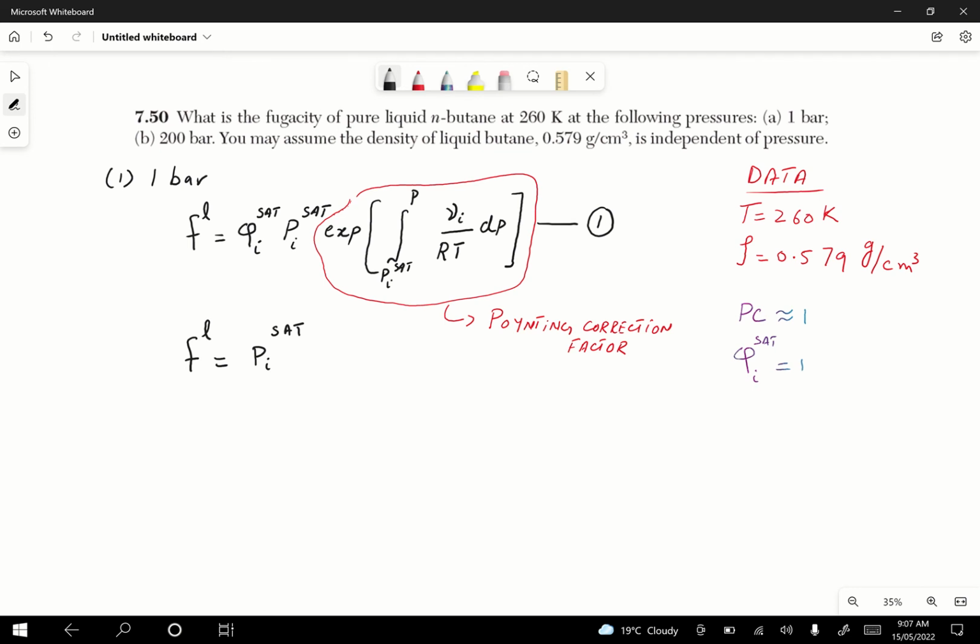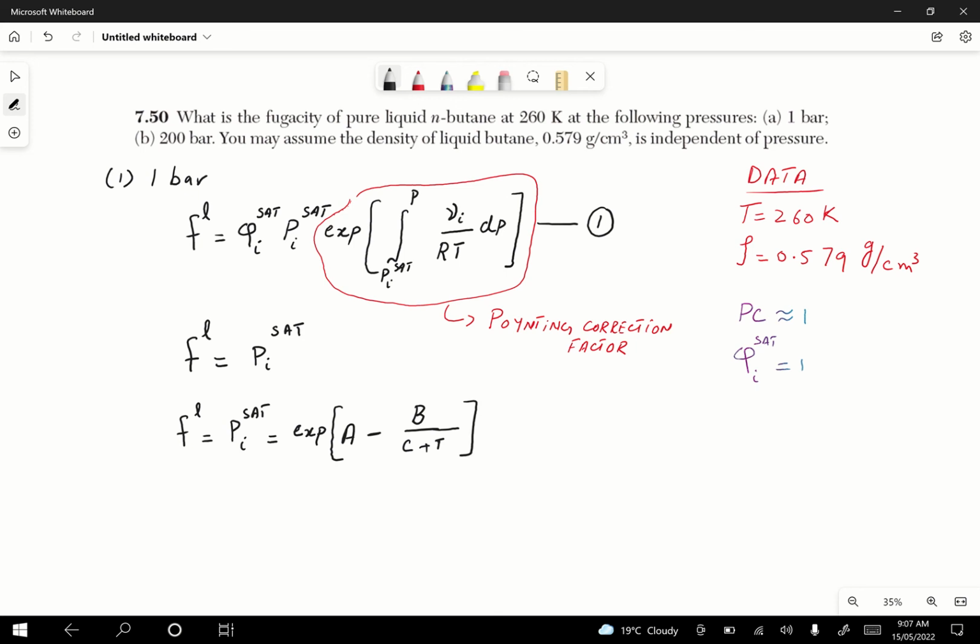Now, this saturation pressure is calculated using Antoine's equation, which is exp of A minus B over C plus T. This is Antoine's equation.